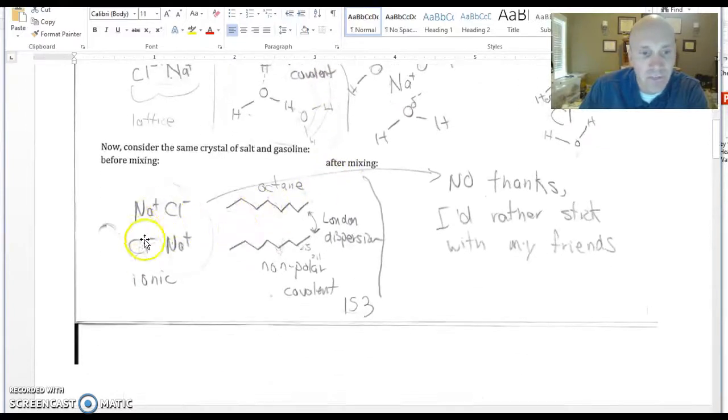So if you drop this crystal of salt into gasoline, essentially these ions have a much stronger attraction for themselves than they do for these gasoline molecules. Therefore, they would rather stay stuck to each other than be willing to separate. That means that they're going to remain undissolved.